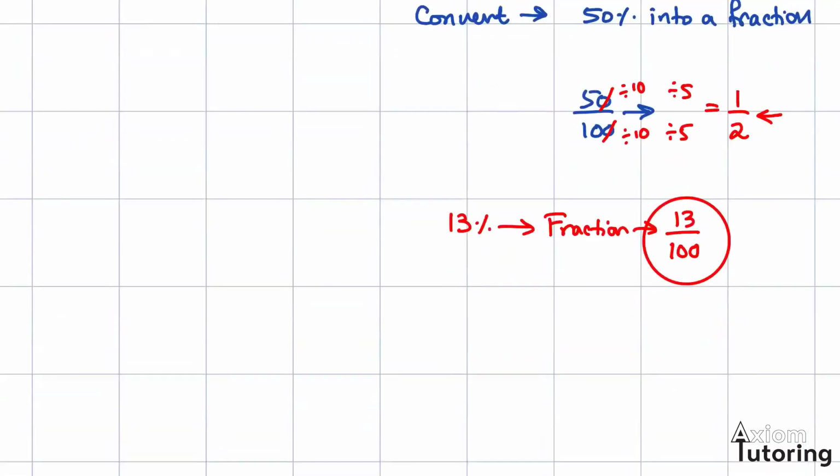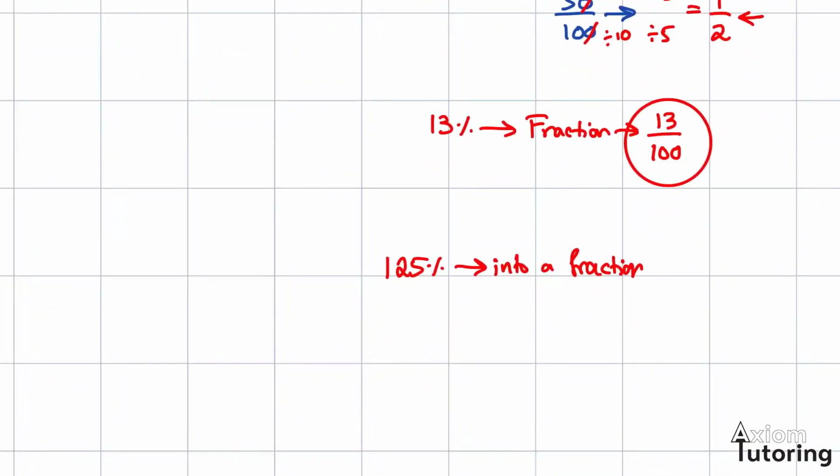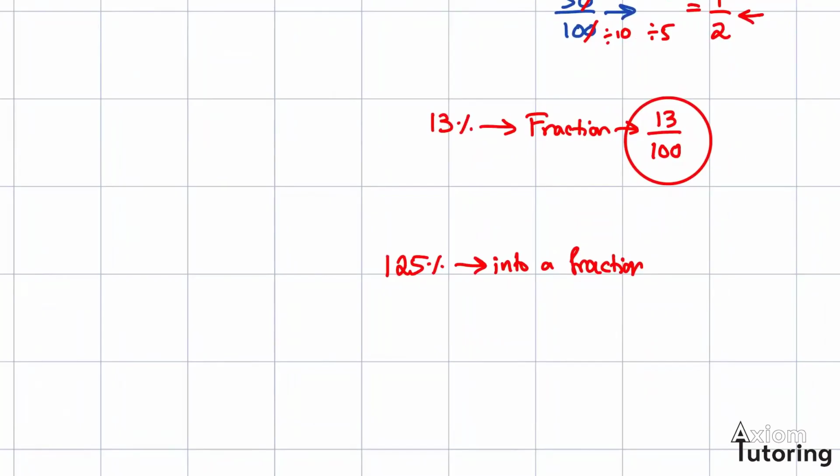What about converting 125% into a fraction. Now, it's important to note here that this is more than 100%. And that's fine. It just means that you'll get more than a whole. You'll get a whole and then some other parts. It'll be 1 plus 25%.